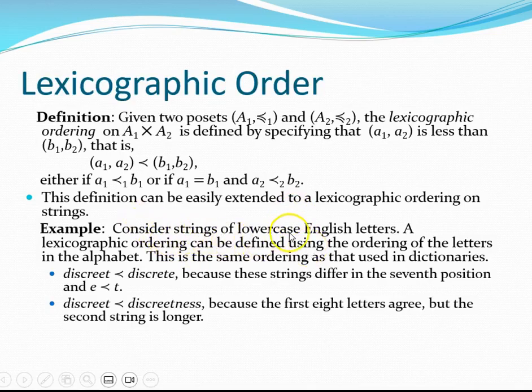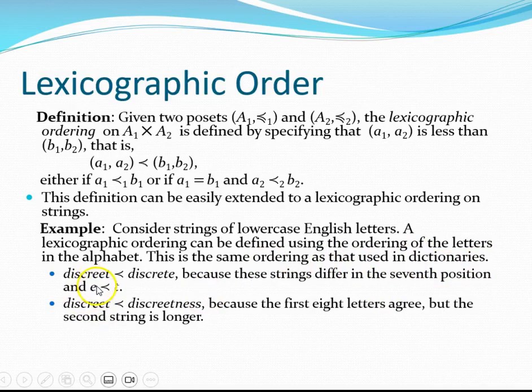Example, consider strings of lowercase English letters. The lexicographic ordering can be defined using the ordering of the letters in the alphabet. This is the same ordering as that used in dictionaries.